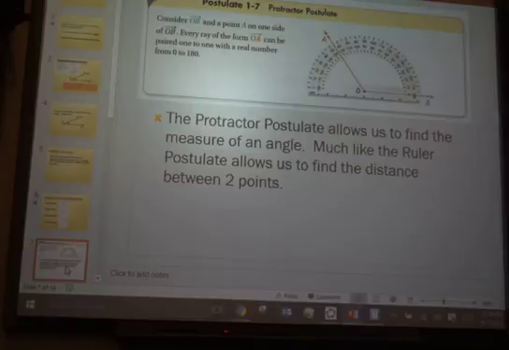And then every ray can be paired with a value of 0 to 180. And what happens then is we put that number line, that 0 to 180, and we curve it around the circumference of a circle, and obviously we want to get the semicircle here. But that allows us then to find the measurement between two rays. It helps us find the angle.